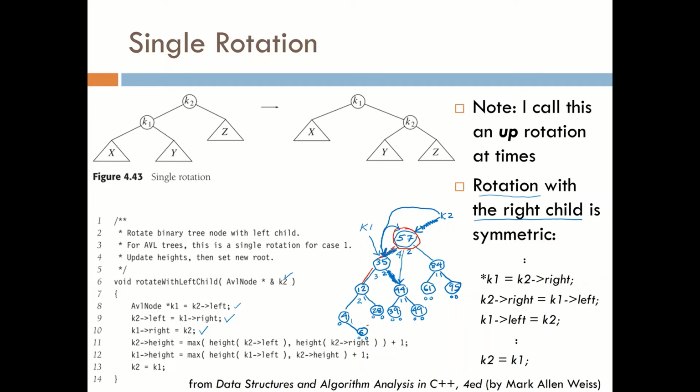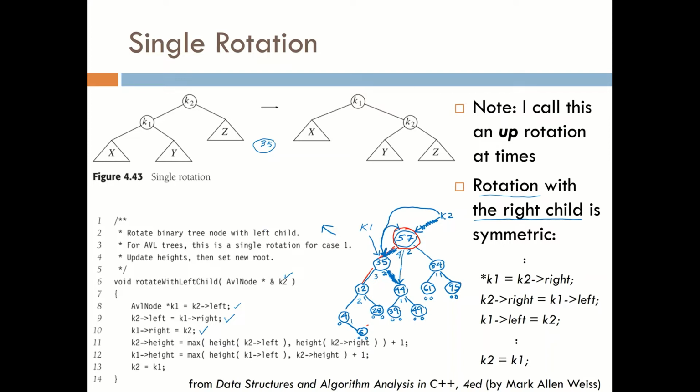So if we were to redraw this tree, I'm going to redraw it up here in the upper left. Remember, K2 is the root of the tree. Well, it is now 35, because K2 is pointing to the root of the tree. So if I misspoke, K2 came in as the root. It is now pointing to 35.